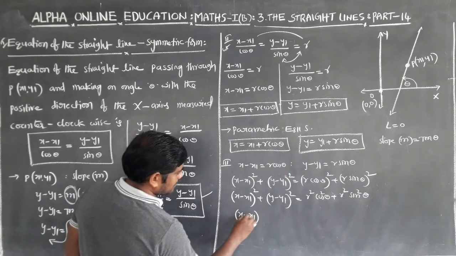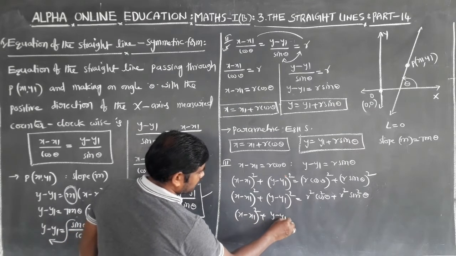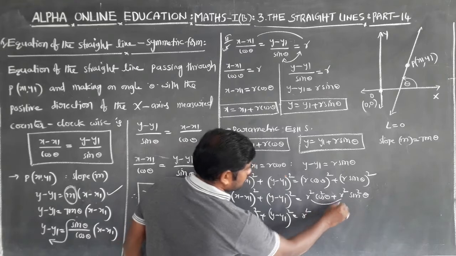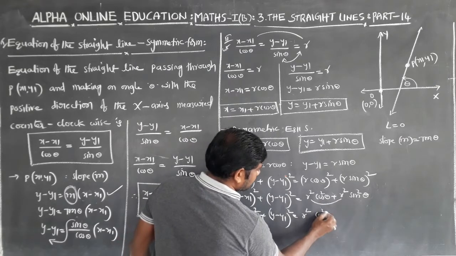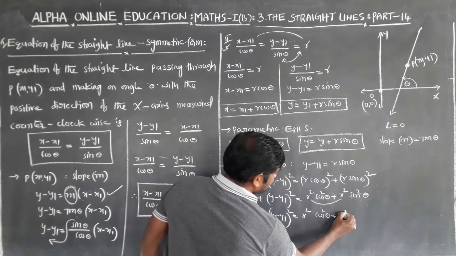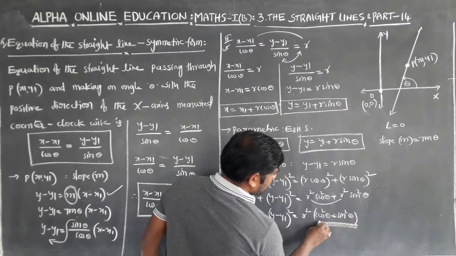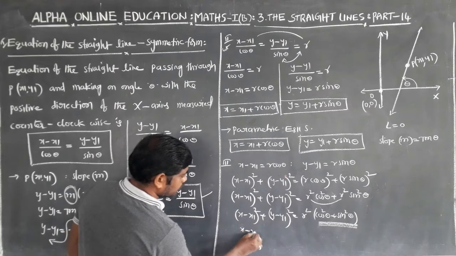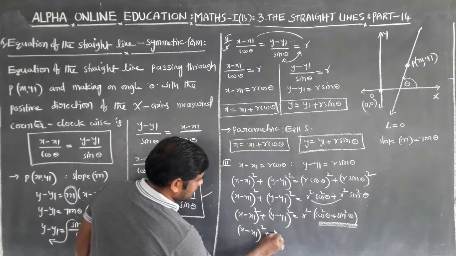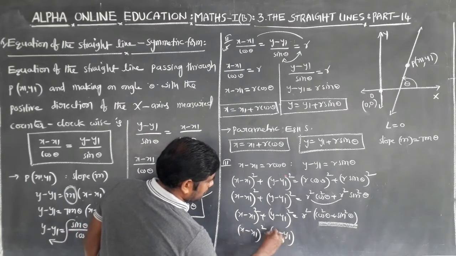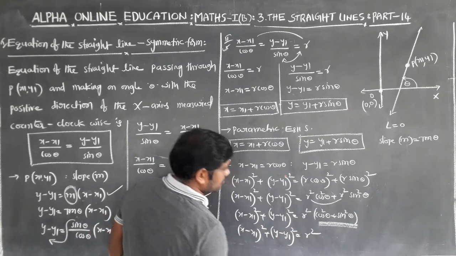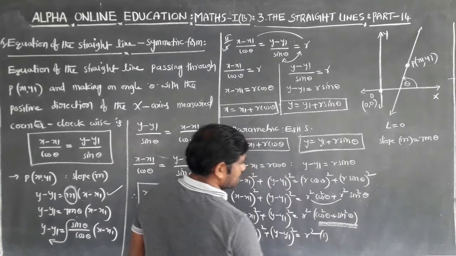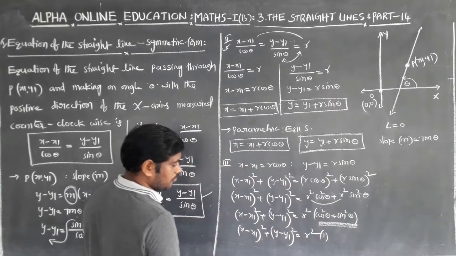So x minus x1 whole square plus y minus y1 whole square is equal to r square common, cos square theta plus sin square theta. Here cos square theta plus sin square theta is equal to 1. So, x minus x1 whole square plus y minus y1 whole square is equal to r square.